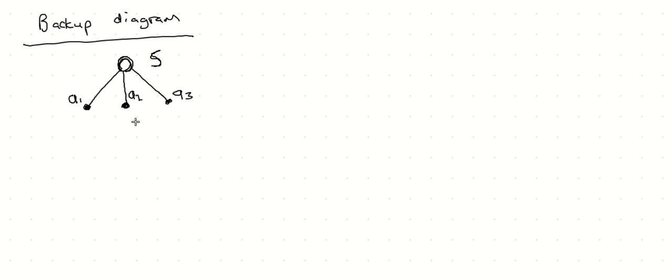I hope you can follow, right? So from a given state S, I don't know, S0, we can take actions A1, A2 or A3.